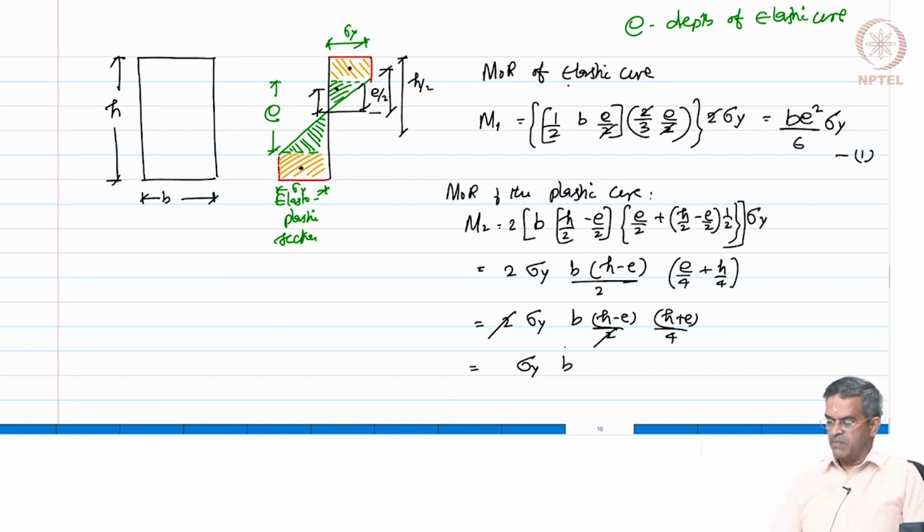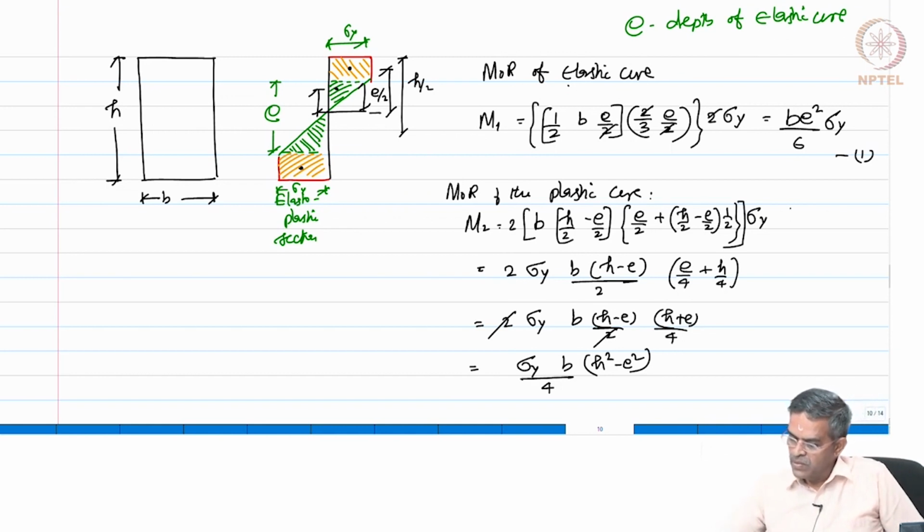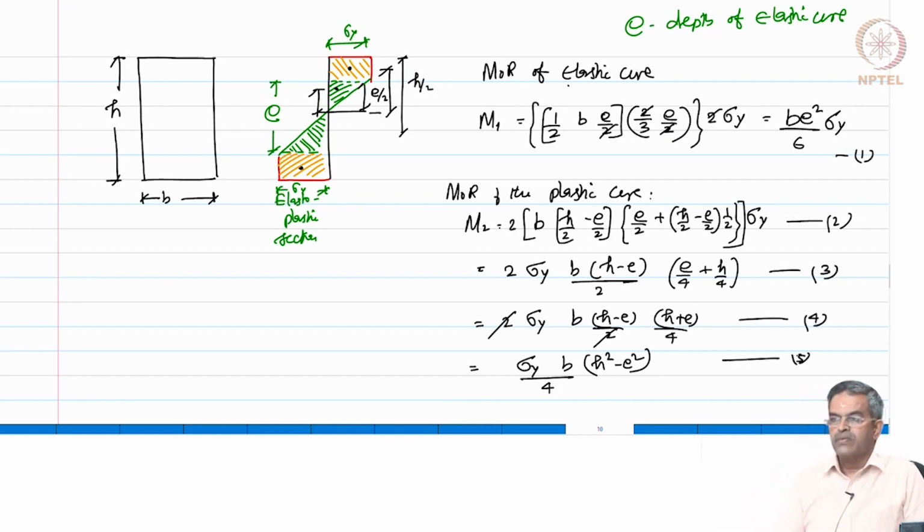A plus B into A minus B, we can say A square minus B square, okay, by 4. So, that becomes maybe equation 1, equation 2, equation 3, equation 4, equation 5. So, that becomes my M2.